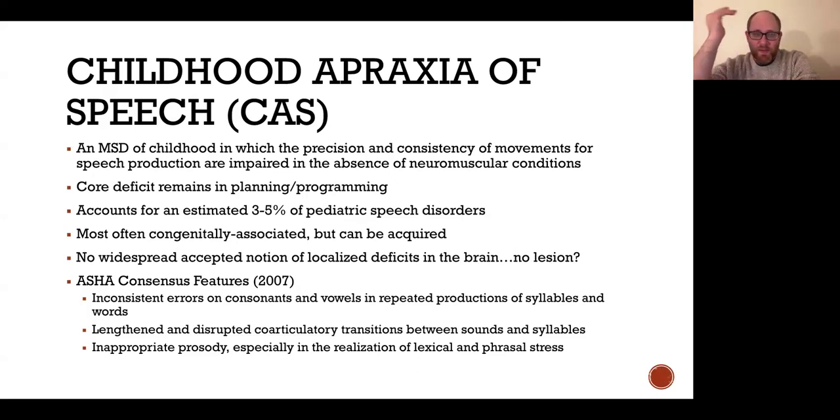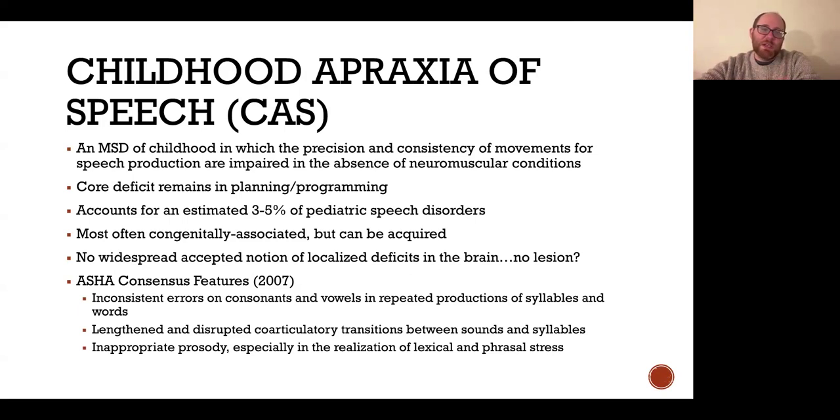Again, the core deficit remains in planning and programming, just as in the acquired variant. It is a relatively rare speech disorder. It's estimated that about 3 to 5% of pediatric speech disorders are childhood apraxia of speech. The rest being those caused by childhood dysarthria, articulation disorders, phonological disorders.